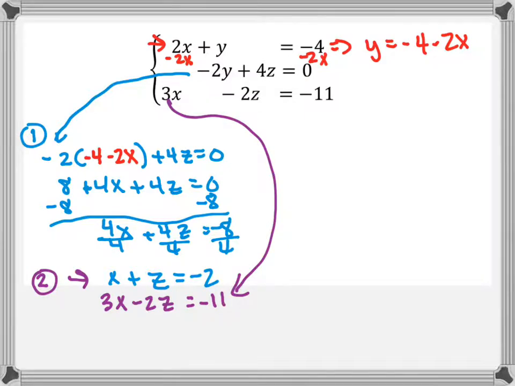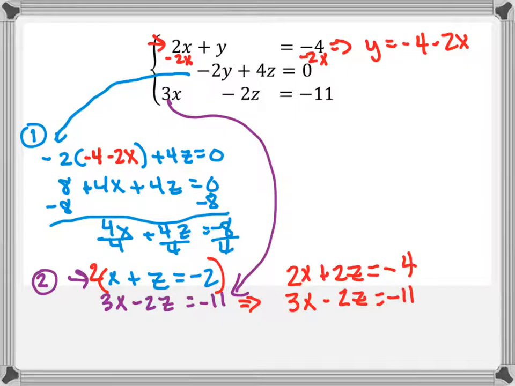So for this 2x2 system, I am going to use elimination, and I am going to choose to eliminate my z's by multiplying my first equation by 2. You could have chosen to eliminate your x's, or you could have chosen to solve for a variable and use substitution.